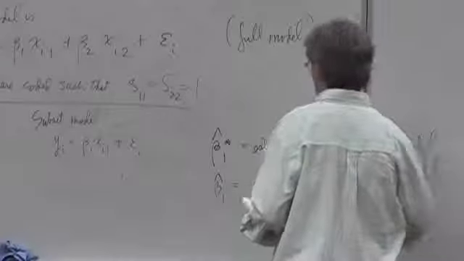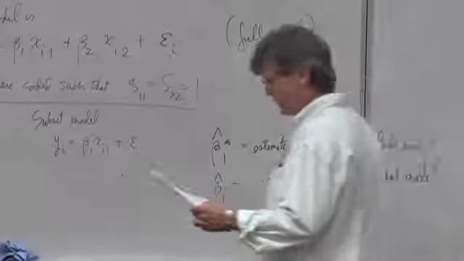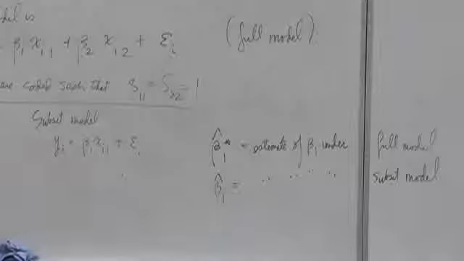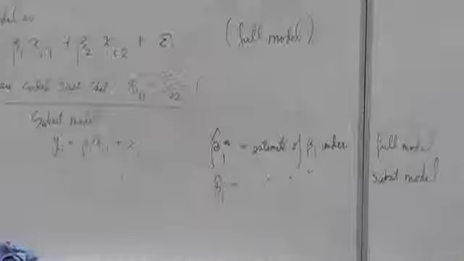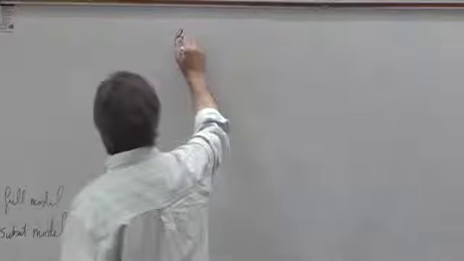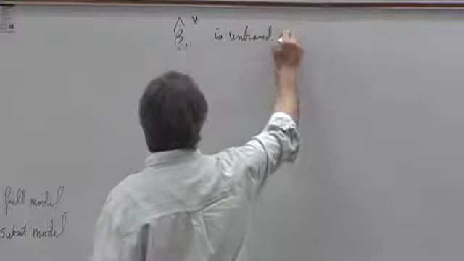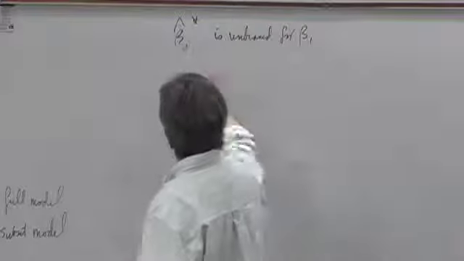What is the variance of beta 1 hat star? Let's calculate. We know beta 1 hat star is unbiased for beta 1, because of the general theory we had. How do you do that?